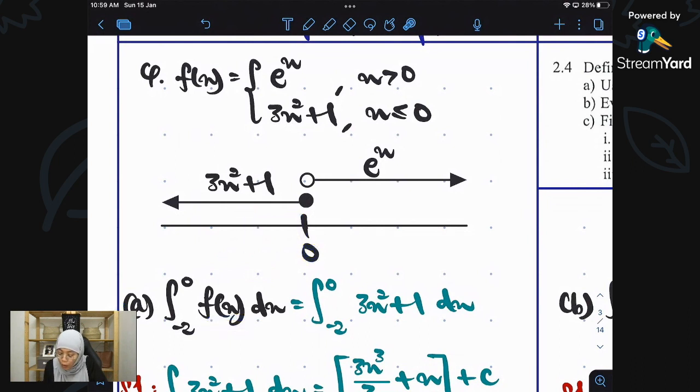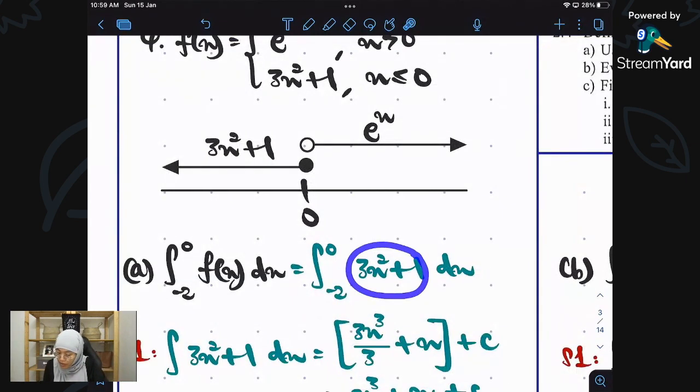So we know that the quadratic function, which is the 3x squared, is the correct function untuk limit tersebut, di mana daripada -2 hingga 0. So I choose the correct function, which is the quadratic function, 3x squared plus 1. So this is going to give you 1 mark, okay?